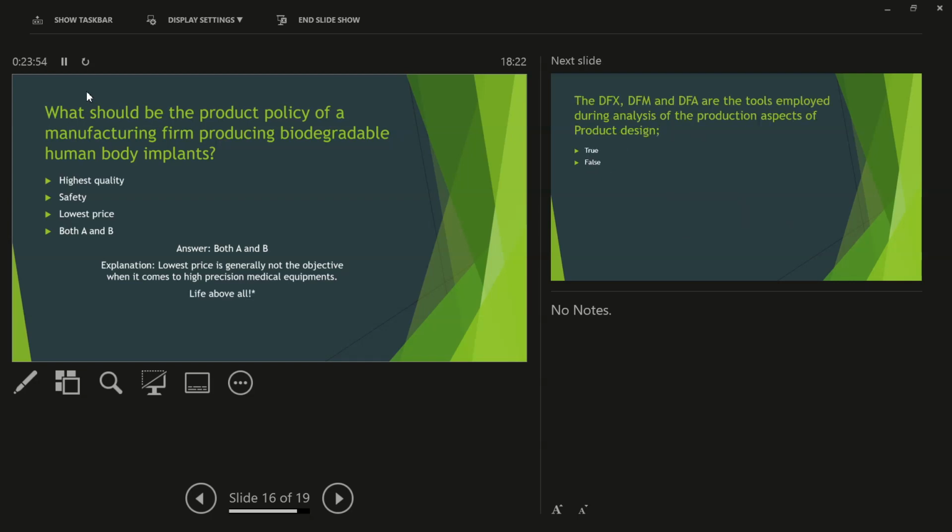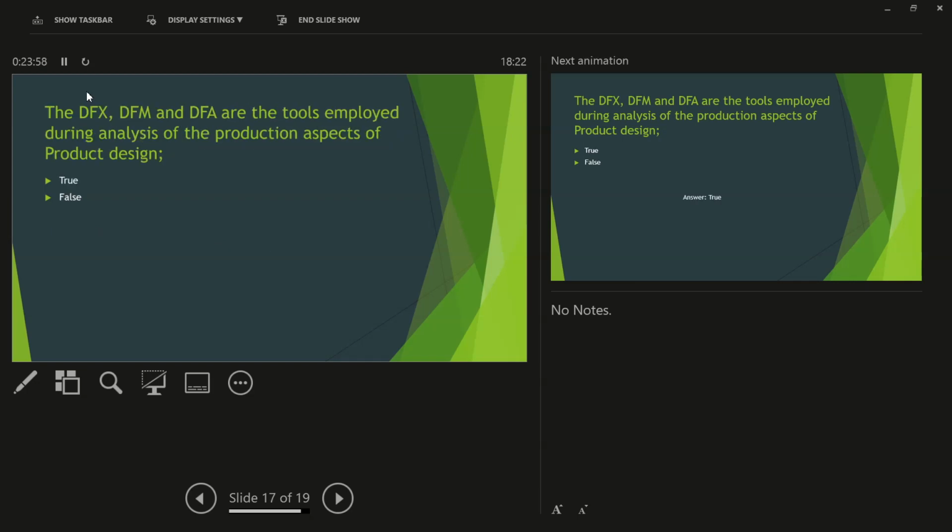Then coming to this part, DFX, DFM, and DFA are the tools employed during the analysis of product aspects of the product design. Can you also give me the acronyms for DFX, not the full forms?